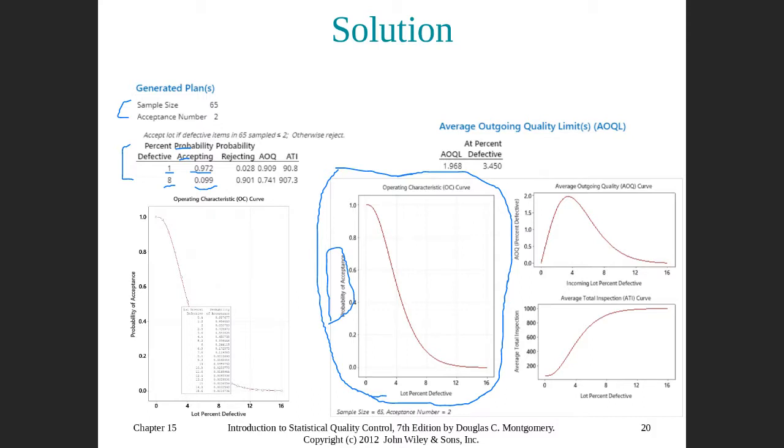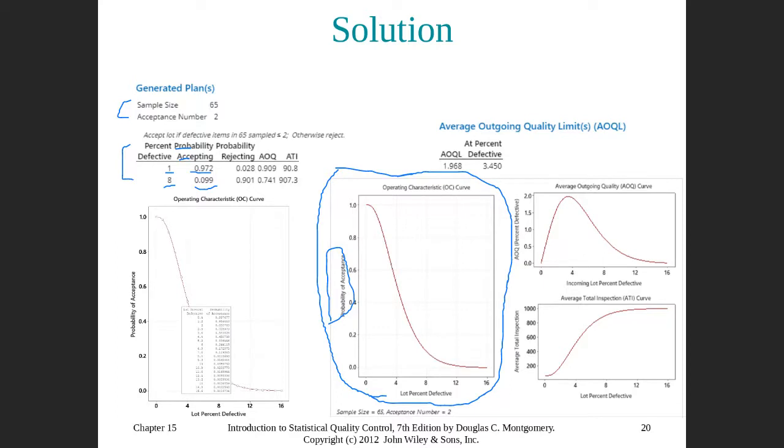So if you exceed the 8%, that means the lot will be rejected. But if you are at 8 or less, you are going to accept it. So the 1 here is referring to the AQL, and the 8 is referring to the RQL. And that is the probability of acceptance at the AQL and at the RQL.